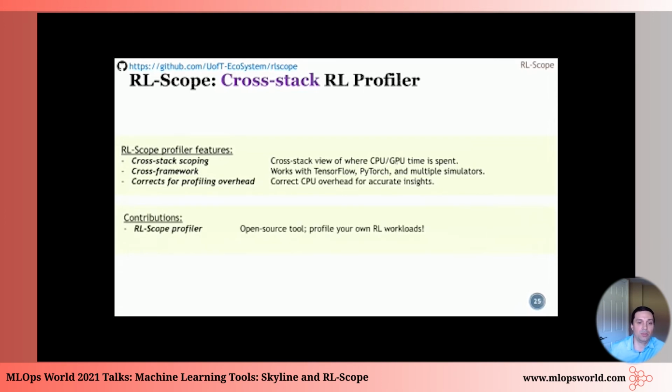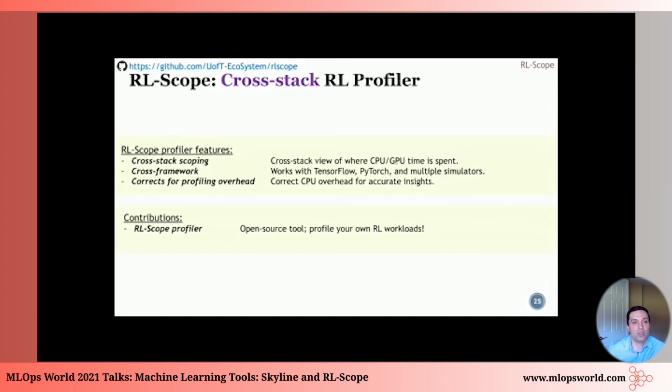The main contribution we made here is that we built an open source tool that we shared with the community. You can use it now to profile your RL workloads. And we did an extensive survey with people who are using reinforcement learning to show how we can speed up their work. So let me show you how you would actually use it.